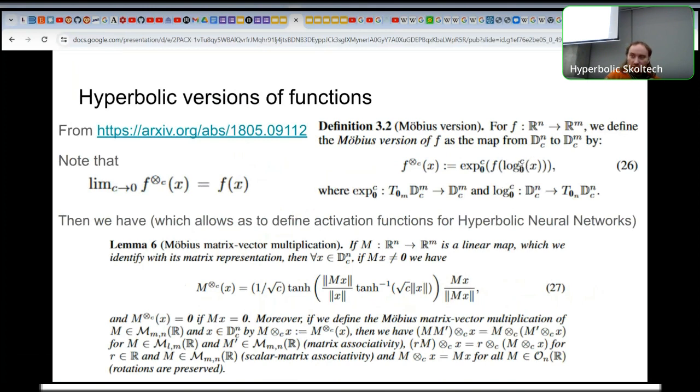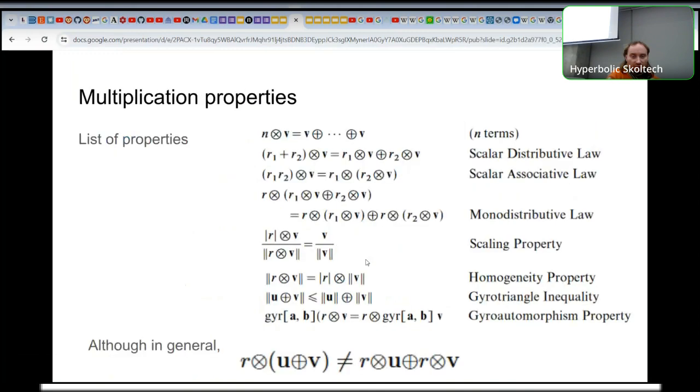So if you are putting inside this function, inside this x, something like another exponent of g of logarithm, you just take exponent of f of g of logarithm, and this allows us to define activation functions.